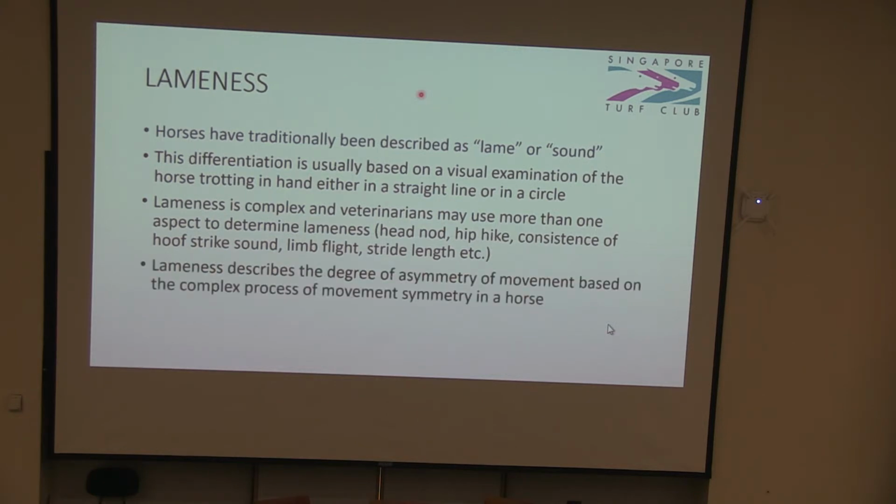But lameness is basically just describing the degree of asymmetry of movement based on the process of symmetry of movement in a horse. So to put it more simply, lameness is describing how asymmetric a limb in a horse is. All horses are asymmetric, well, most horses, sorry, I should say, are asymmetric to some extent. We call them lame when that degree becomes high enough that we worry about it.